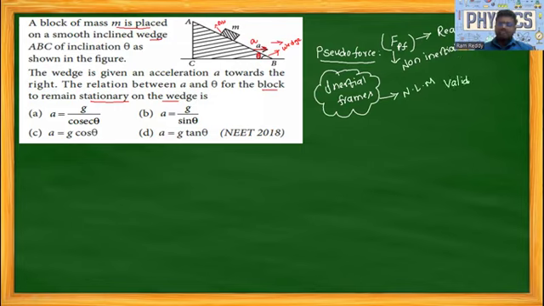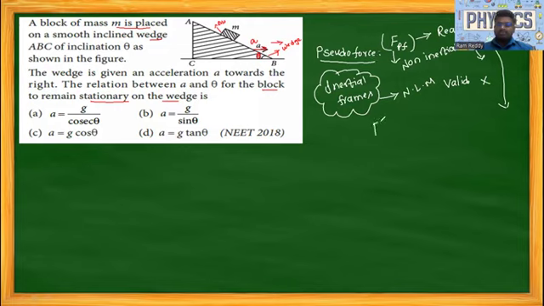Non-inertial frames means Newton's laws of motion are not valid. What is meant by a non-inertial frame is that the observer is also moving; the observer also moves with respect to the source. So that is our pseudo force.